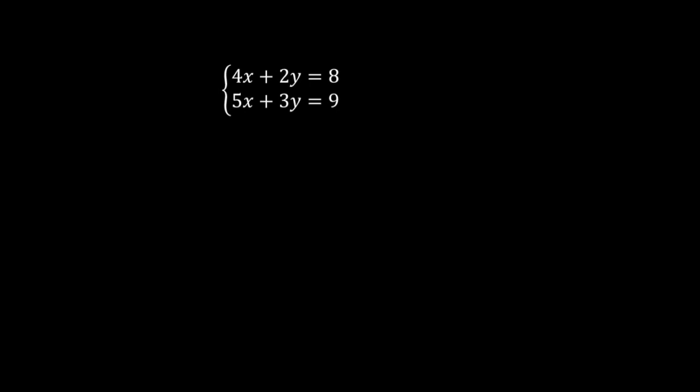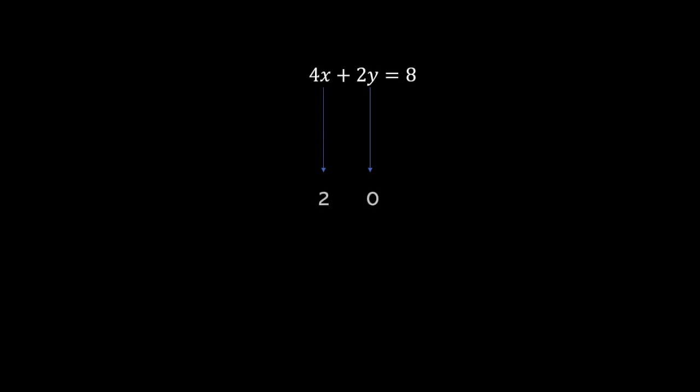Take this system. Let us say you're only given one equation and are asked to identify the values of x and y. Now, since there is only one equation, there could be a lot of possible combinations of x and y values, and all of them will satisfy the equation.